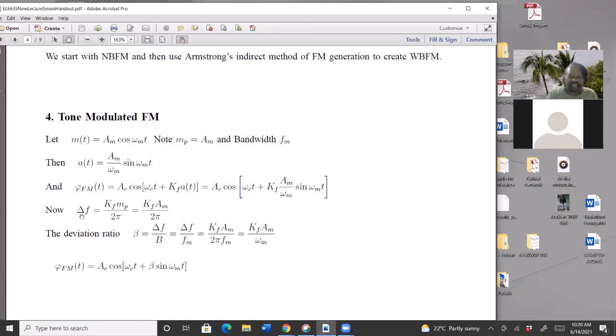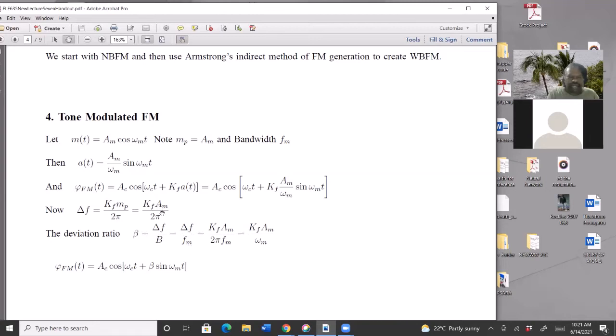This is maximum frequency deviation. Deviation ratio is this divided by B. So I substitute in, but I remember B is bandwidth is f sub m. So it is delta f over f sub m.